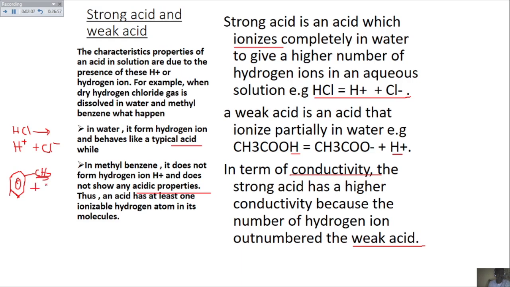And you have methylbenzene. In H2O, what happened here? Because methylbenzene does not have hydrogen ions, it cannot show any acidic property, because there is no presence of hydrogen ions.